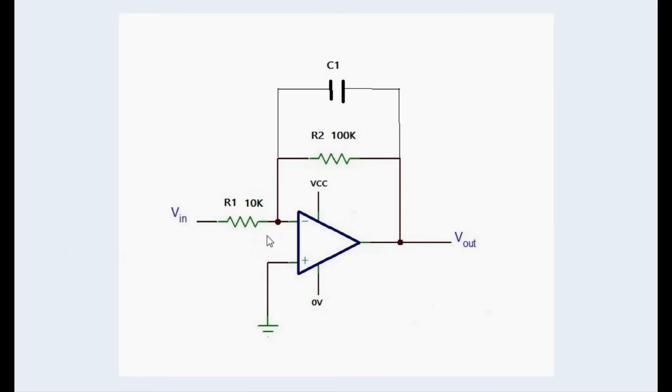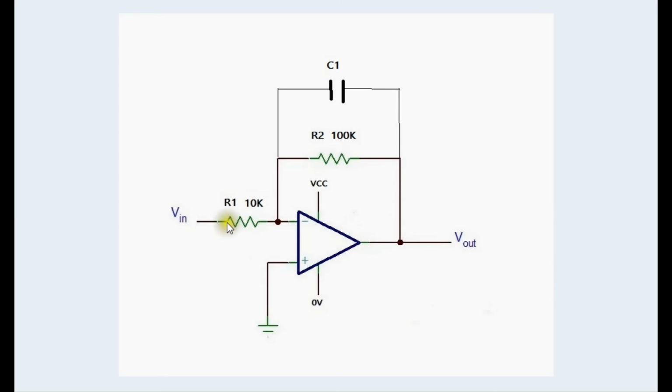So we would be looking at, for a 10k roll off, a capacitor of about 160 picofarads across there, and that will be job done.